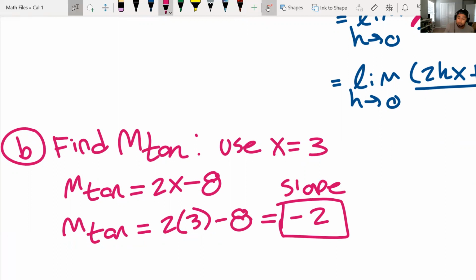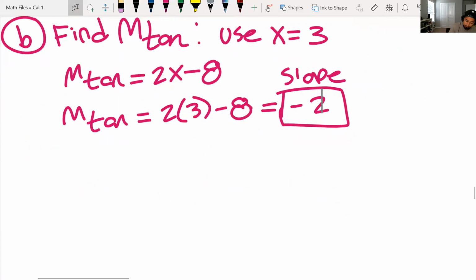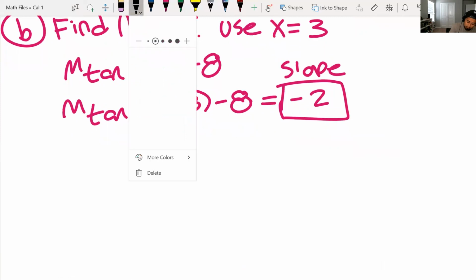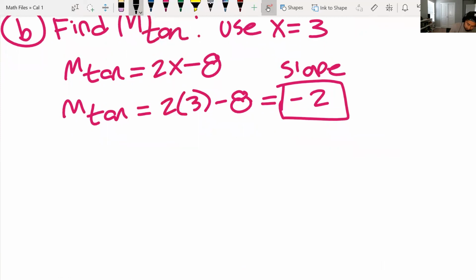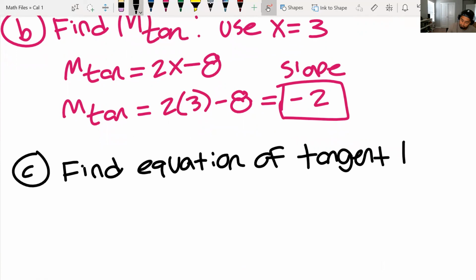Now we move on to part C, which means find the equation of the tangent line. The two ingredients you need, as I said before, are a point and a slope.